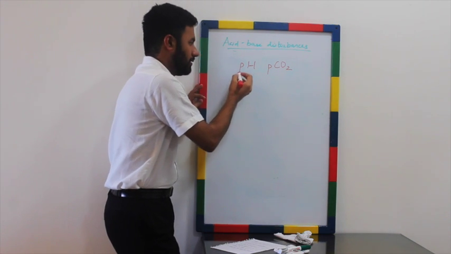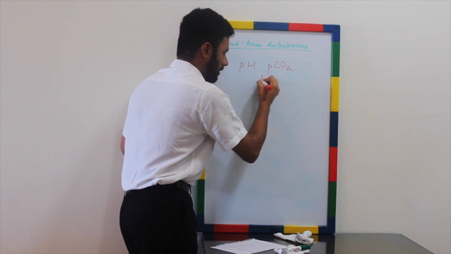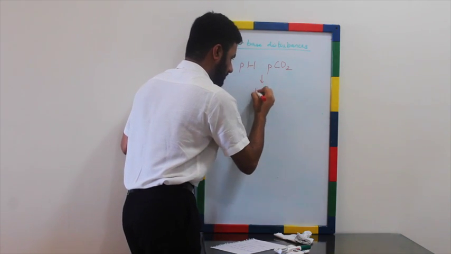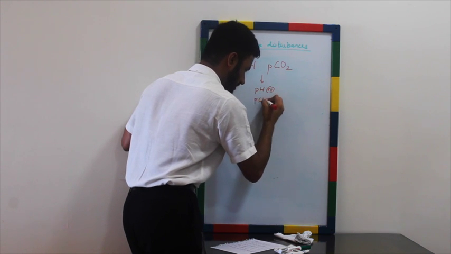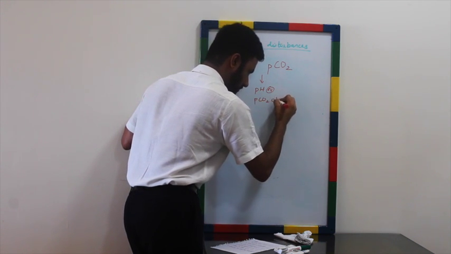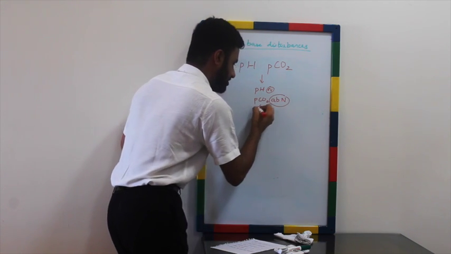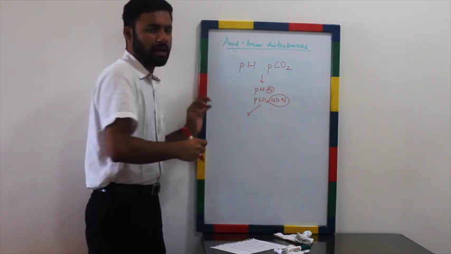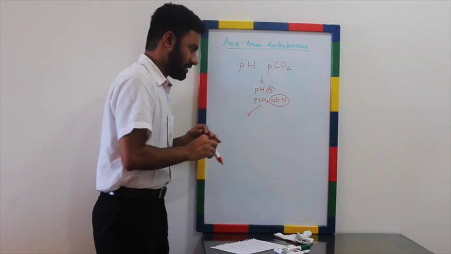Now, if the pH is normal and the PCO2 is abnormal, the directional change in the PCO2 identifies the respiratory disorder and the compensatory metabolic disorder.